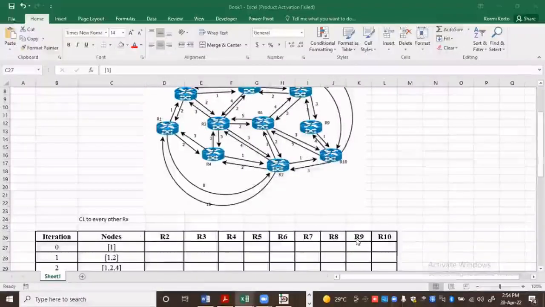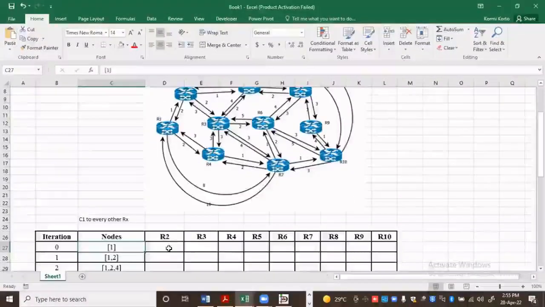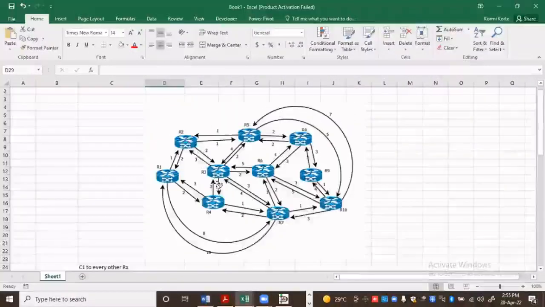If you were to go back to your Dijkstra illustrations in your slides, from router 1 to router 2, the cost is just 1. But from router 1 to router 3, it's infinite because you only have one router to move the packet.